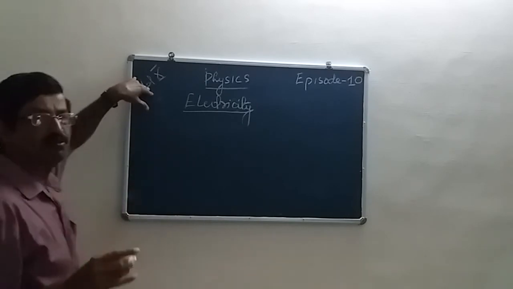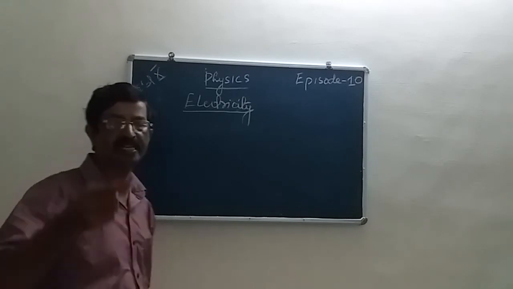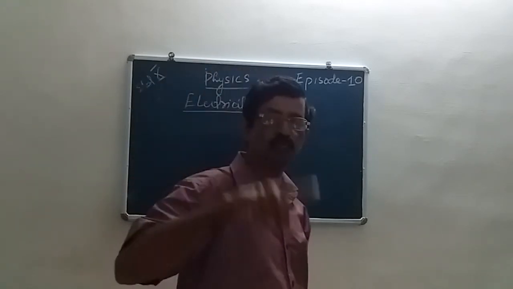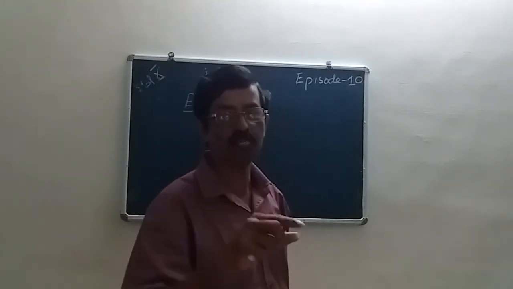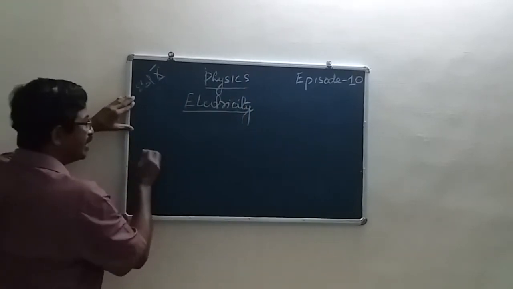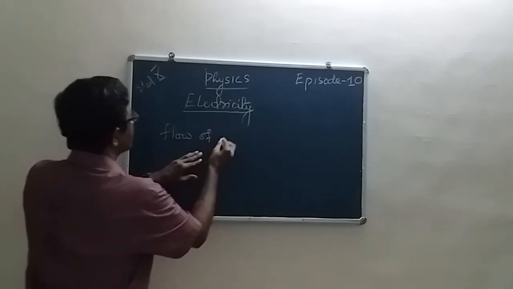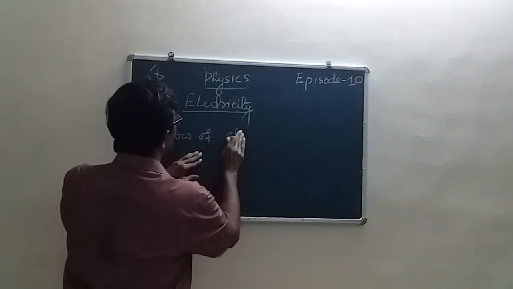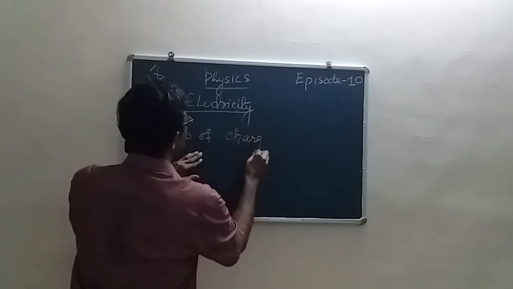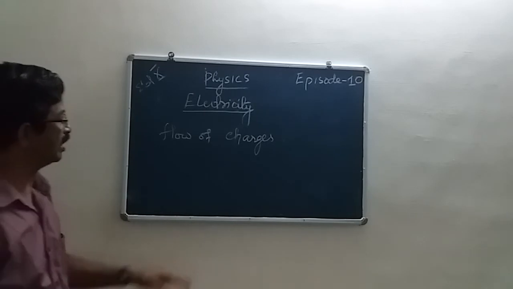First we can discuss electric current, then we can discuss why we take the direction of current opposite to the flow of negative charge. See, electric current is actually the flow of electric charges. Flow of charges.